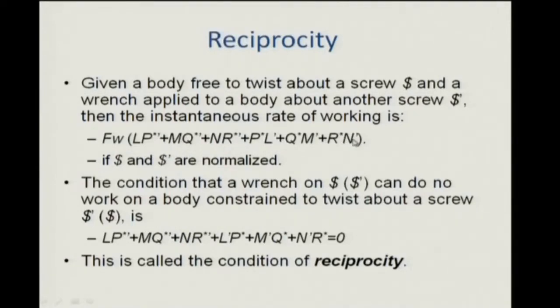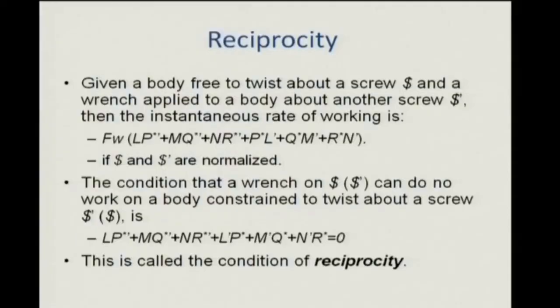Essentially you have two screws, so you take the first three here and dot it with the second, and you take this and dot it with these two, so it's just crossed. So it's not a dot product, it's a little different, and that's why it's called the condition of reciprocity.